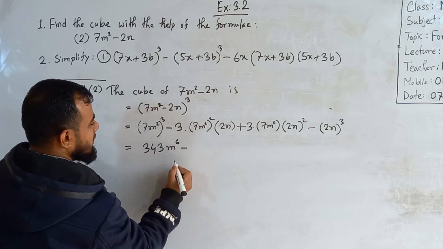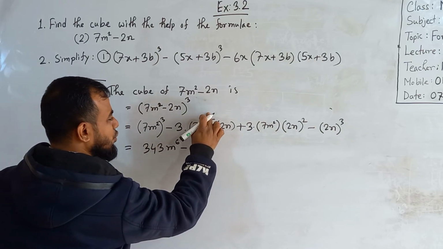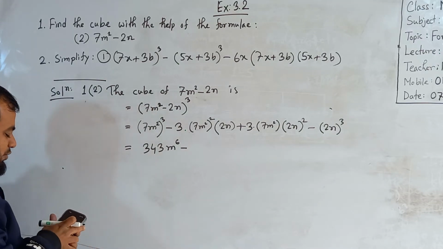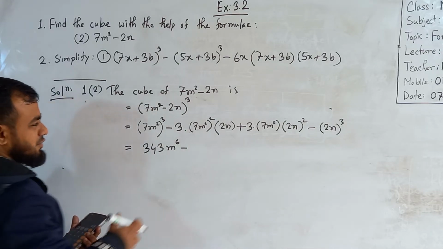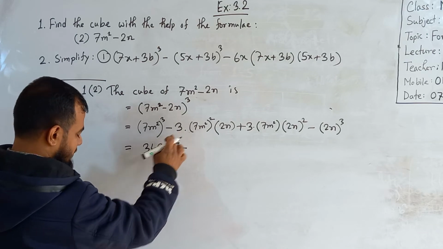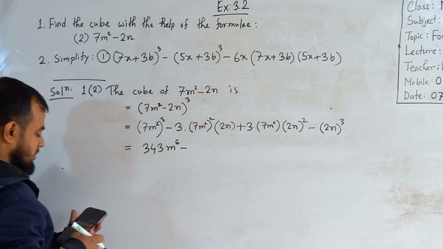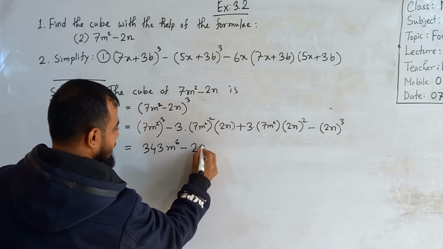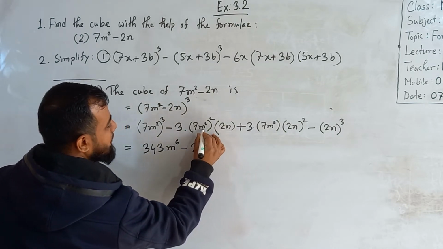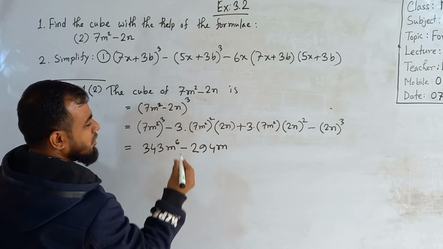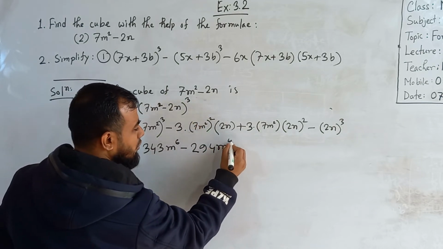Now the minus sign: 3 multiplied by 7 squared, multiplied by 2. 7 squared means 7 multiplied 2 times, 7 times 7 is 49. 49 multiplied by 3, multiplied by 2, that's equal to 294. This m squared has the square sign, so it will be m squared squared, 2 multiplied by 2 is 4, m to the power 4, and n is here.